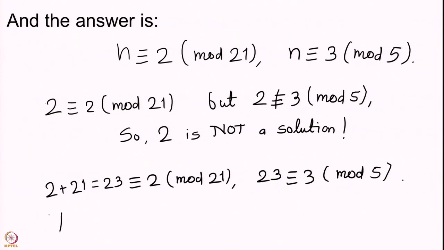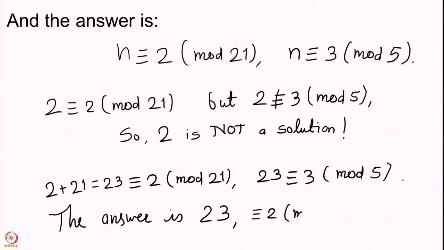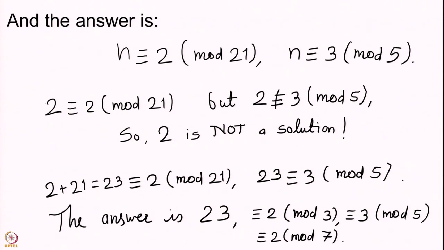So, the answer is 23. Check that this is 2 modulo 3, that this is congruent to 3 modulo 5, and that this is congruent to 2 modulo 7. 23 is 21 plus 2, therefore, it is 2 mod 3.